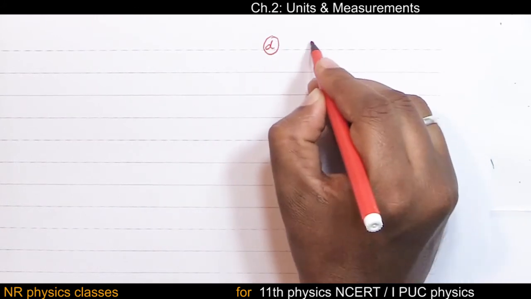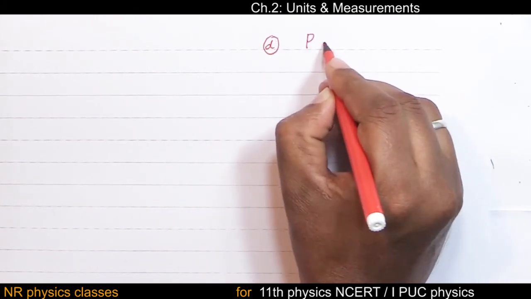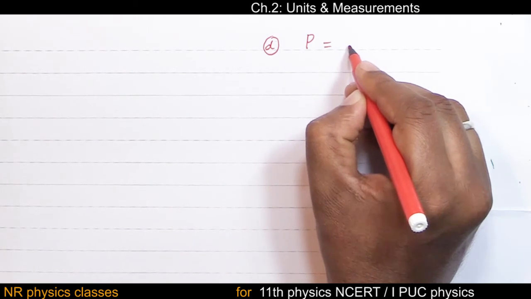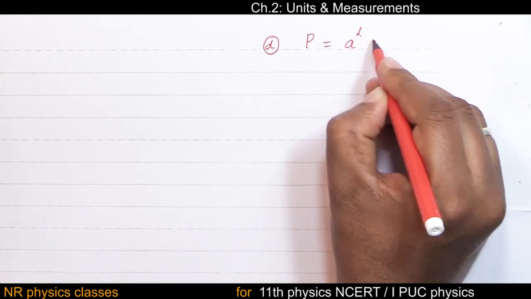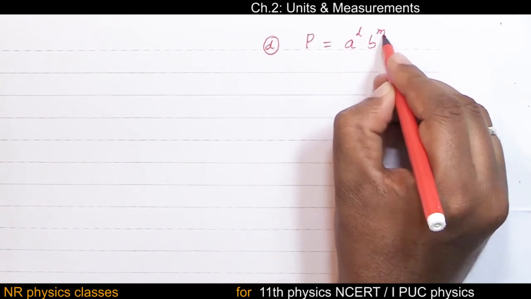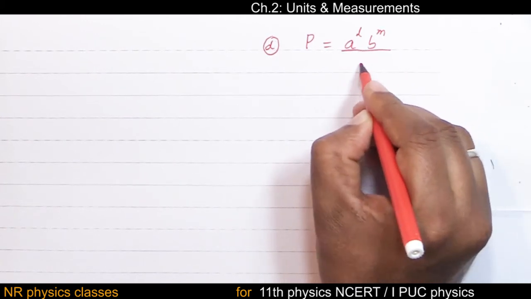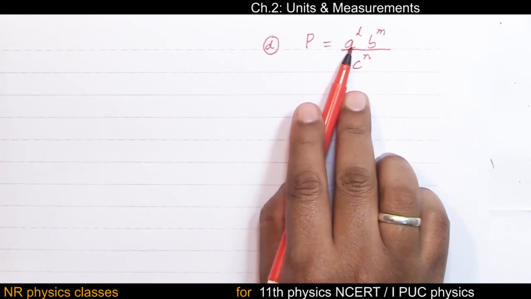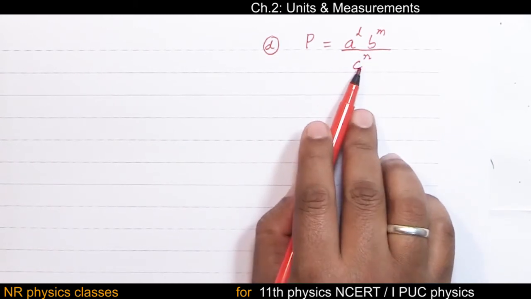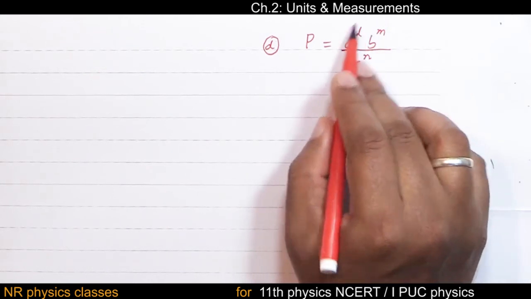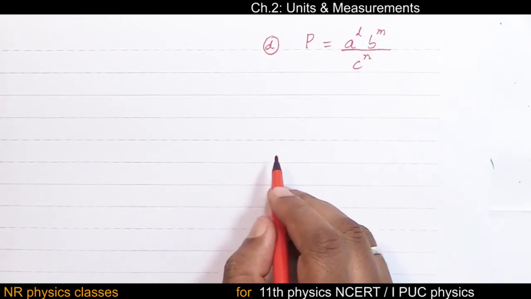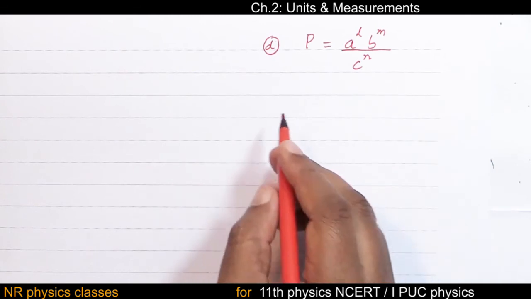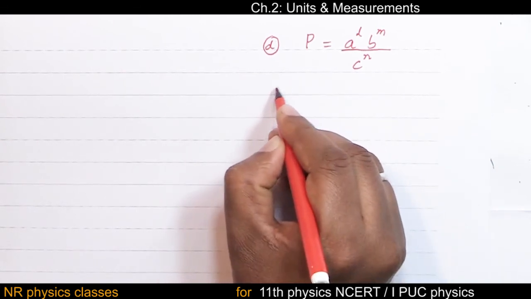If the equation is of the form P equal to A to the power of L, B to the power of M divided by C to the power of N. Observe, there is a product between A and B, there is a ratio between A and C and B and C, isn't it? So this covers all types. So in such cases, we have to use relative error.